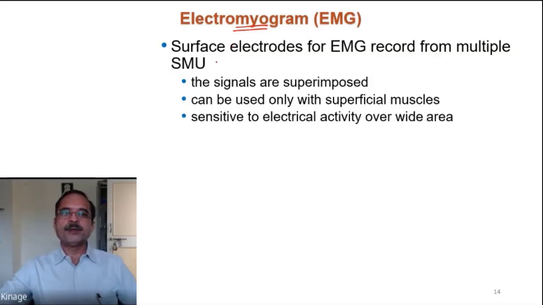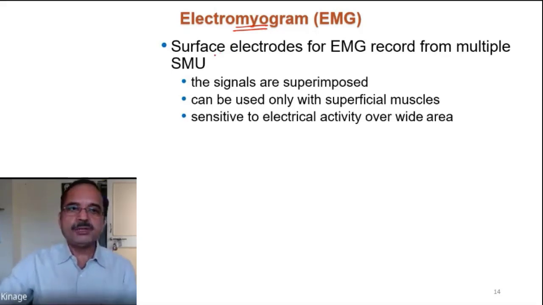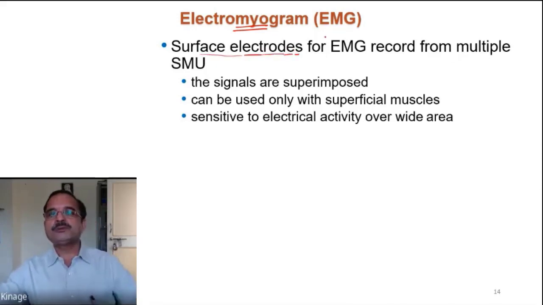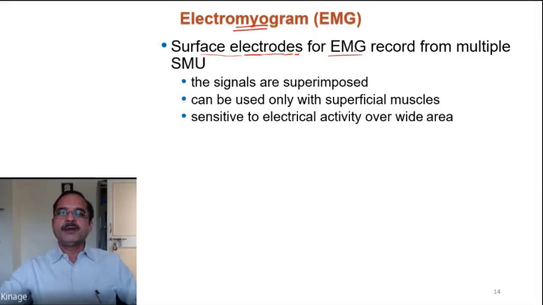Myo means it is related to muscles. Okay. And usually we use surface electrodes for this. Surface electrodes are connected at the surface of the skin, and those measure these electrical signals generated by our muscles. EMG records from multiple SMU.